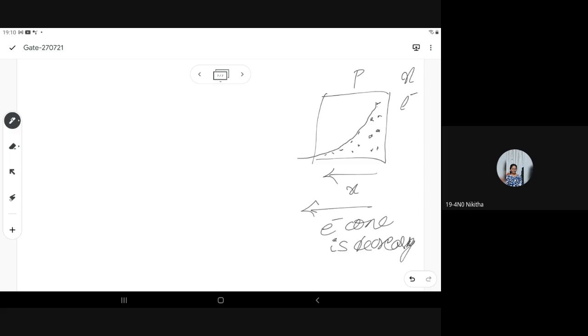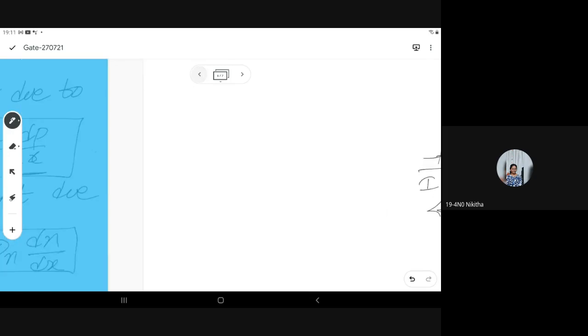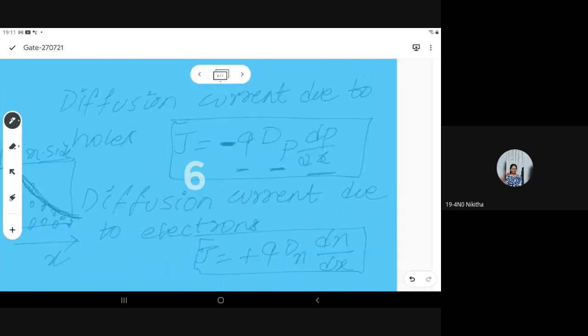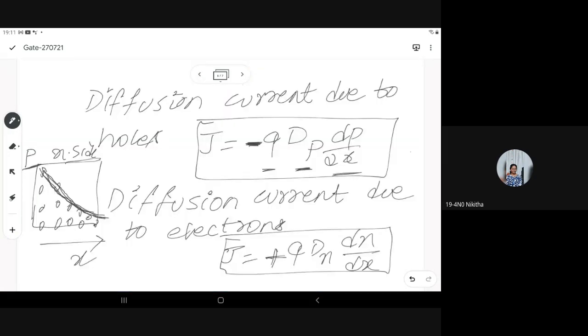But what happens to the current direction? As the electrons decrease, the current increases, because the current direction is opposite to the electron flow. So the current keeps increasing, and therefore we represent a positive sign here. Is it clear?